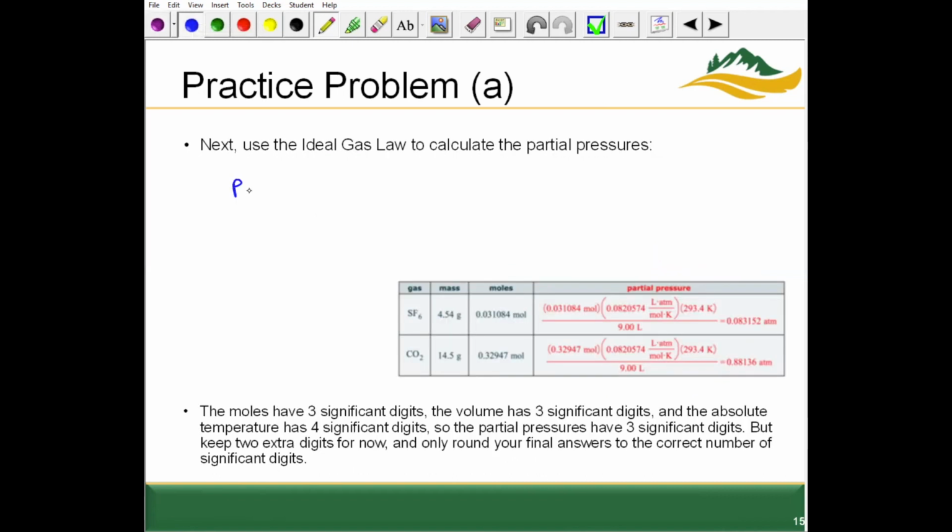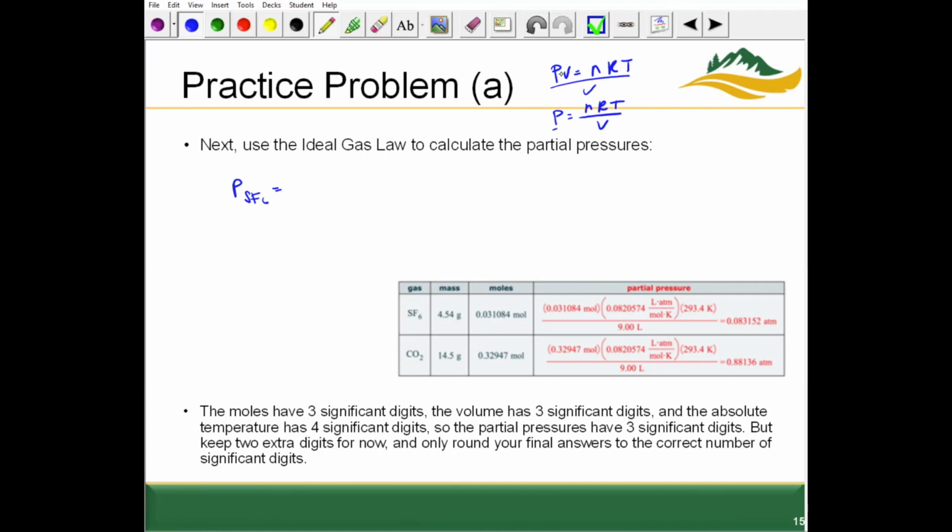So for the partial pressure of sulfur hexafluoride, I usually like to write out the full ideal gas law, then try to isolate what I want to isolate. So PV equals nRT. I have that down. To just isolate pressure, I'm going to take nRT over volume now because I divided both sides by volume.